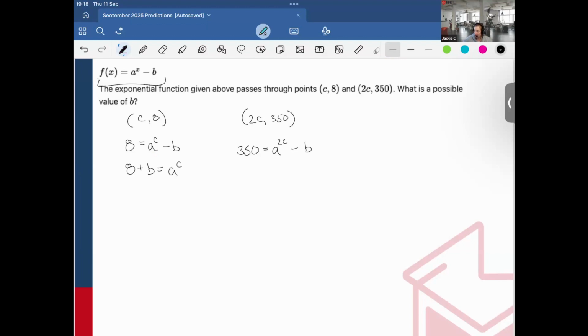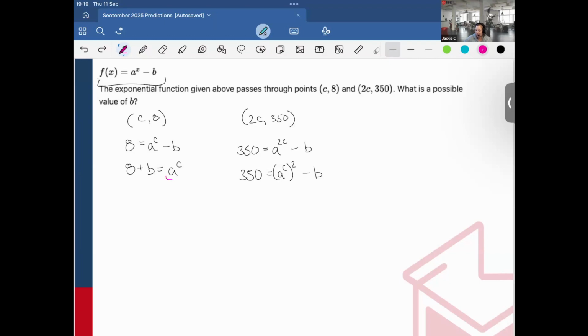And then I could also re-express this one here using my knowledge of laws of exponents, that this is the same as a to the c multiplied by 2 minus b. Everyone sees that because if I distribute this here, I would be multiplying the exponents, which would give me this up here. Just reverse engineering and using my laws of exponents.